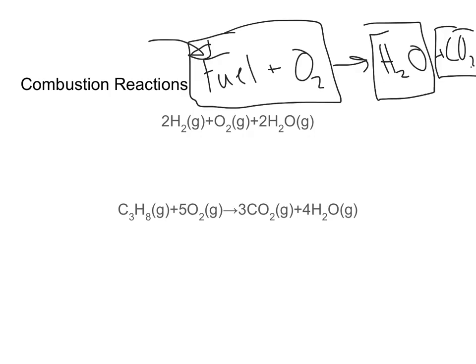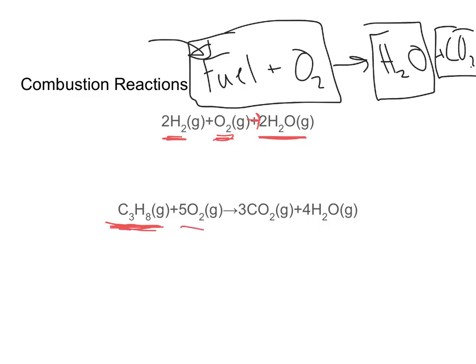You can look at this example right here that I have below, and this second plus should really be an arrow. This is an arrow for our chemical reaction. That's not a plus. We have H2 gas and oxygen gas. So we've got our fuel and our oxygen combining together to form H2O. This is an example of a combustion reaction. We're burning hydrogen gas. If we look down below here, we've got our fuel, C3H8. Another way that you can look for it is to look for a lot of carbons and hydrogens.